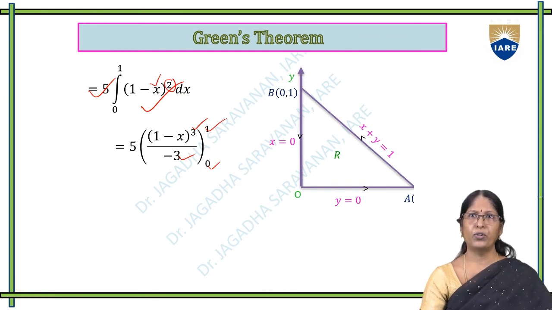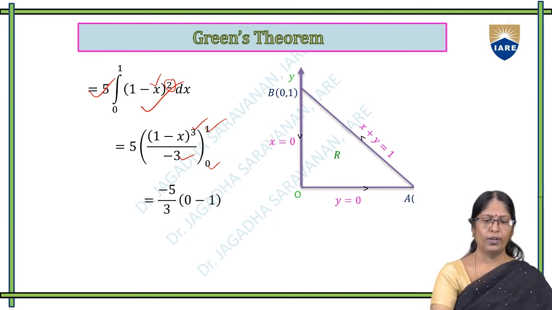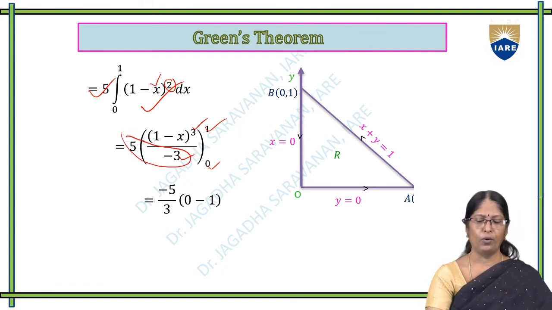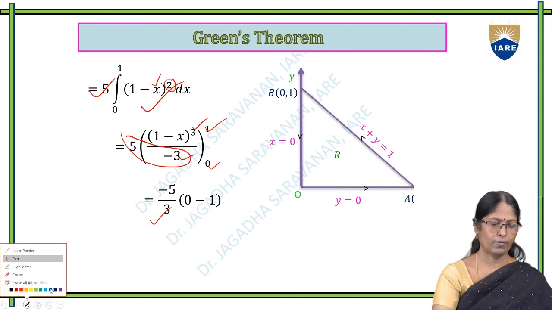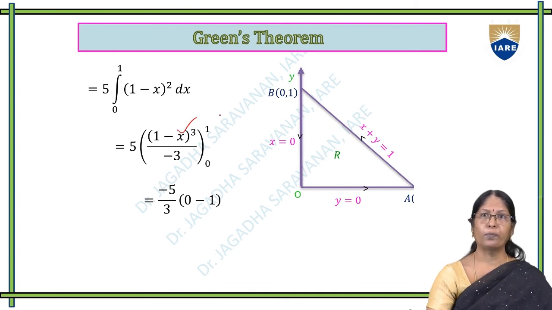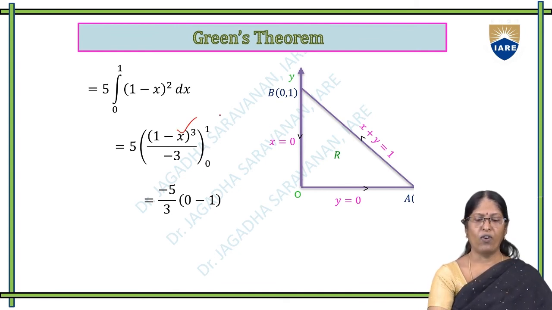Now we will substitute the upper limit value 1 and lower limit value 0. So this 5 by 3 we have taken out. In place of x we are substituting 1. 1 minus 1, the upper limit value, is 0.